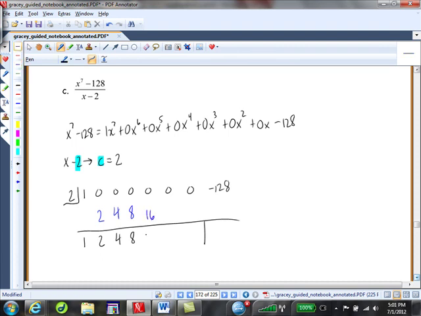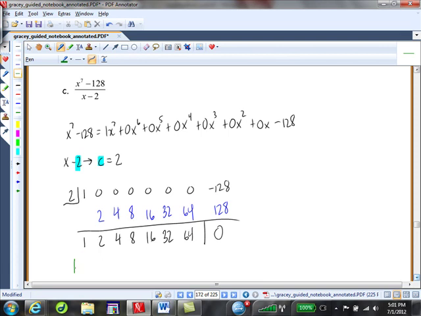We add to get 16. 16 times 2 is 32. When we add, we get 32. 32 times 2 is 64. And when we add, we get 64. And 64 times 2 is positive 128. And when we add, we get 0.